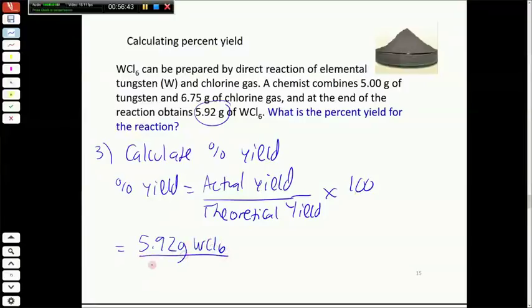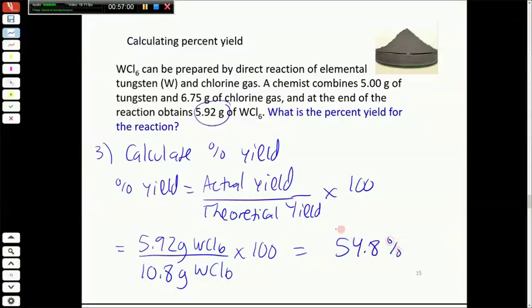The theoretical yield that we just calculated was 10.8. That's the maximum amount we can form with 5 grams of tungsten as our limiting reactant. And then we multiply by 100 to get it into a percent. And this comes out to 54.8%. Okay? So we got 54.8% of the maximum amount of product we could have gotten in this reaction.